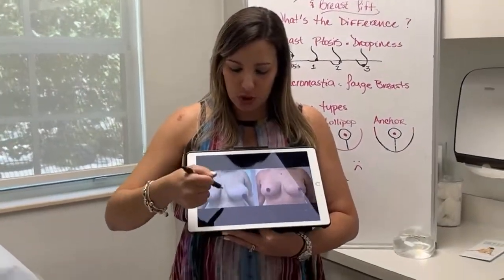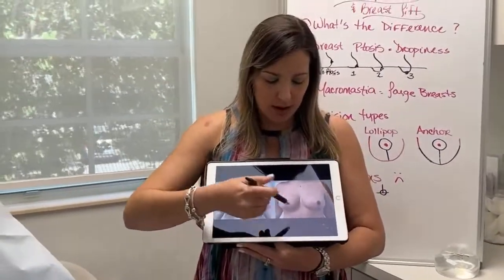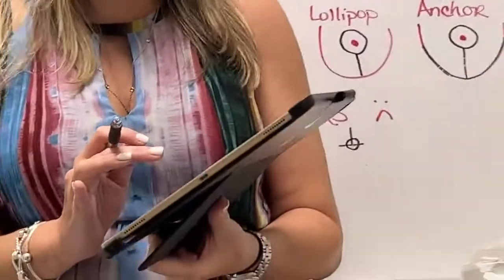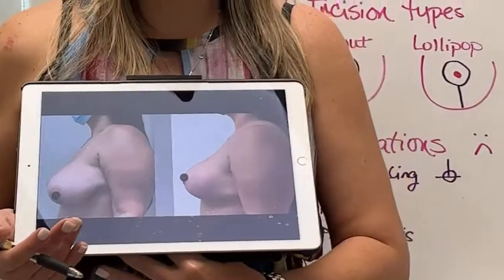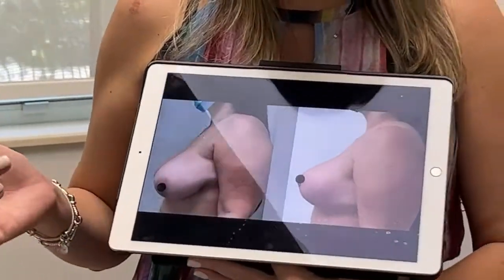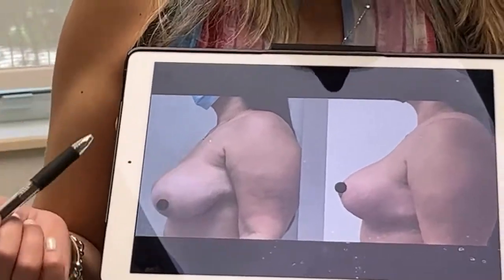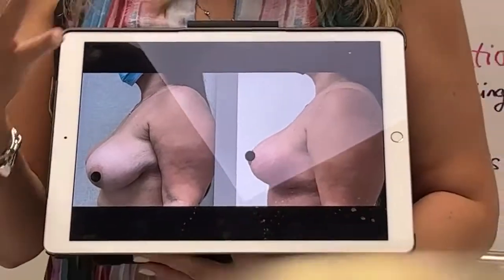She is 2 months post-op in this picture, okay? And you can see on the side view, something that's very important that I always tell my patients. On breast reduction or a breast lift, the breast shape is gonna look very round and perky at first because it's swollen.